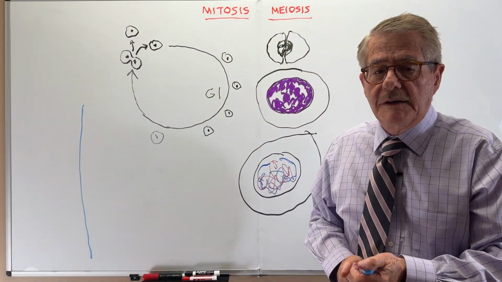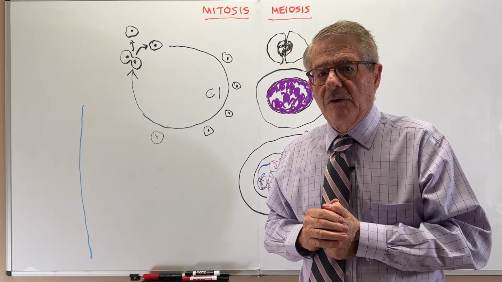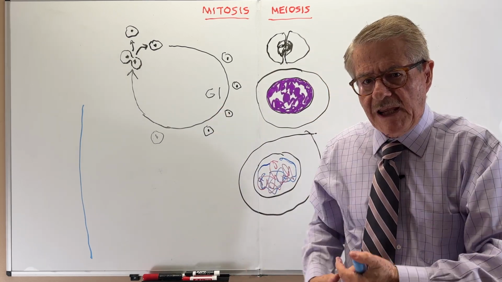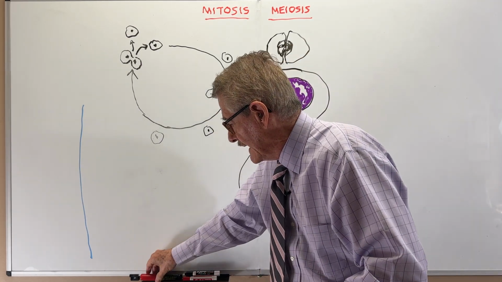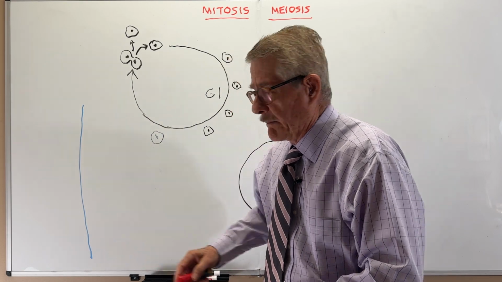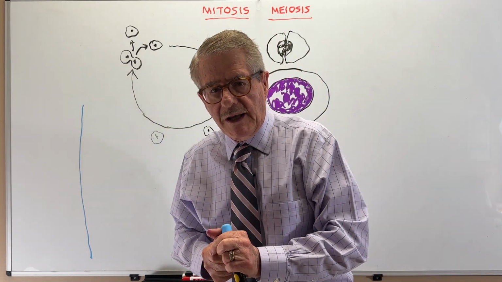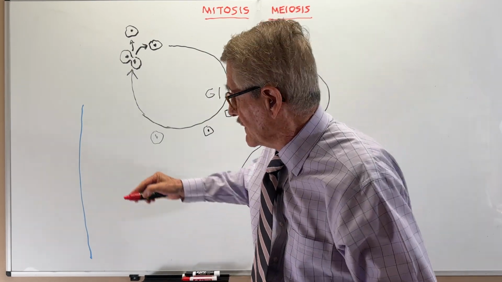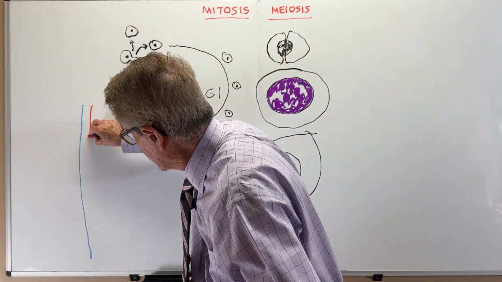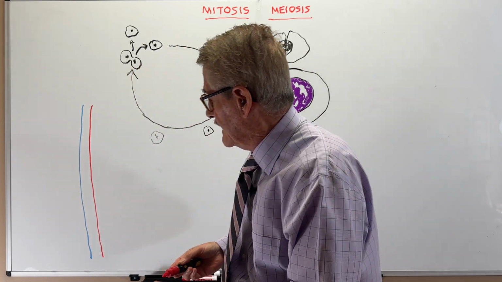Just a long strip of DNA and histones, etc. But this would be the paternally derived chromosome. We'll put it blue because it looks more like a paternal chromosome. And the maternal chromosome would be like that.